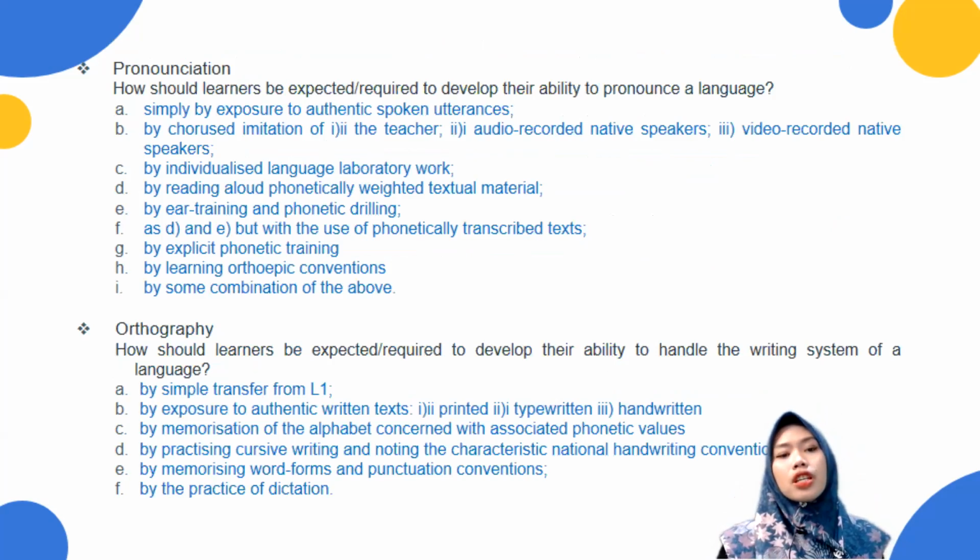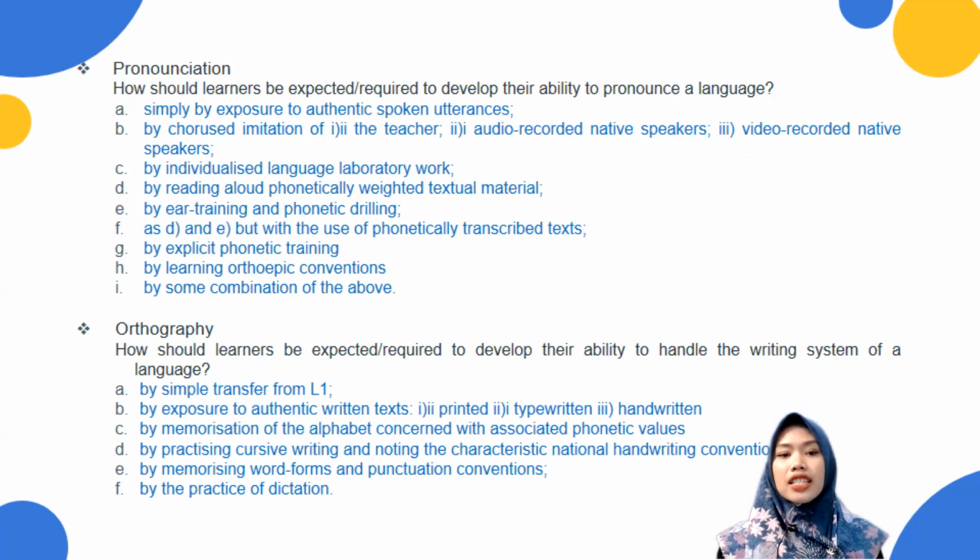Okay. And grammar focus fluency exercises. The next is pronunciation and orthography. How should learners be expected or required to develop their ability to pronounce a language? Simply by exposure to authentic spoken utterance, by chorus imitation, and then by individualized language laboratory work, and by reading aloud phonetically weighted textual material, by ear training and phonetic drilling.